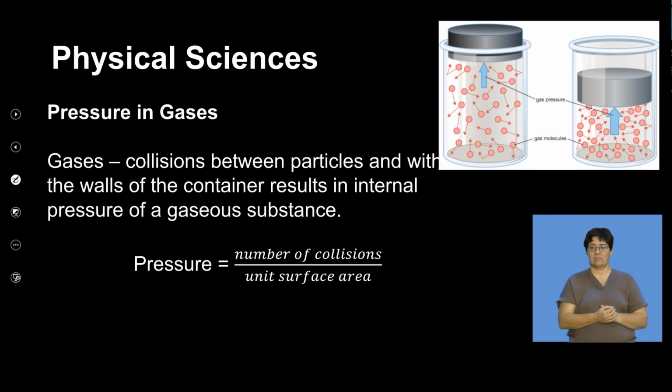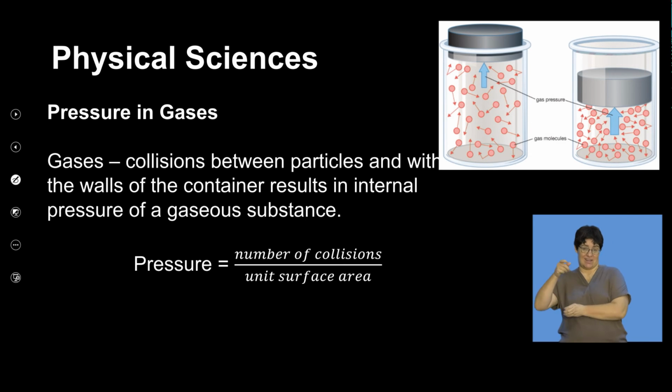Then for a gas, we looked at the simulation to show us that these particles are moving haphazardly or randomly, in all directions. Pressure in a gas arises as a result of the particles moving and colliding with each other and with the walls of the container.